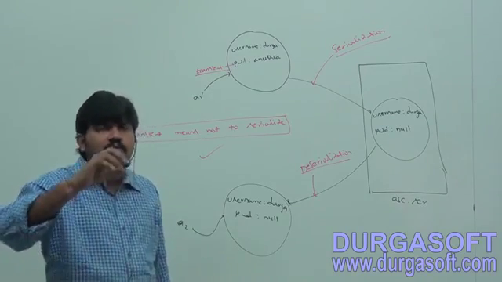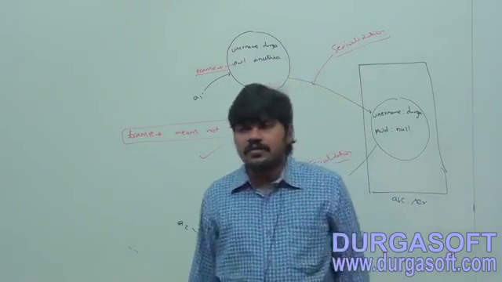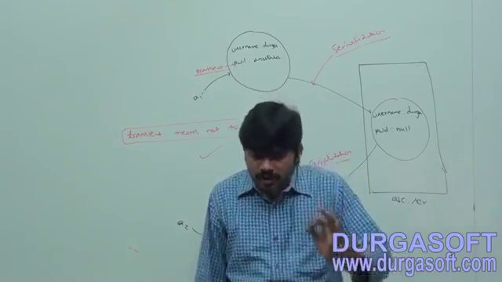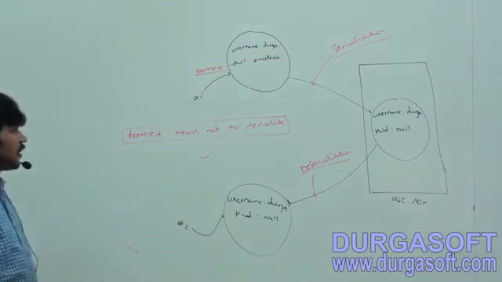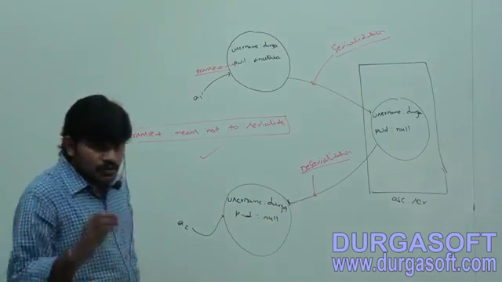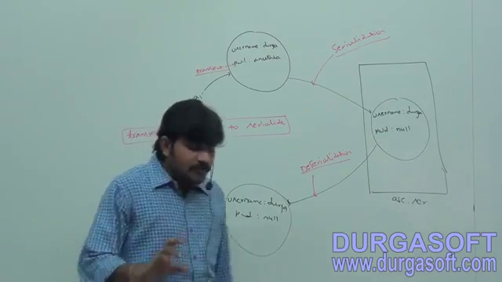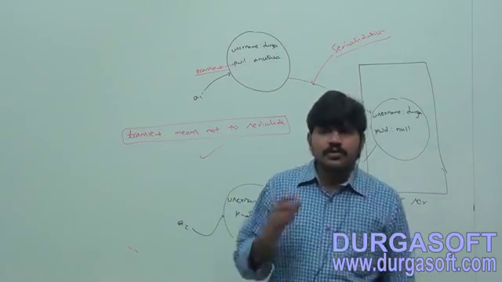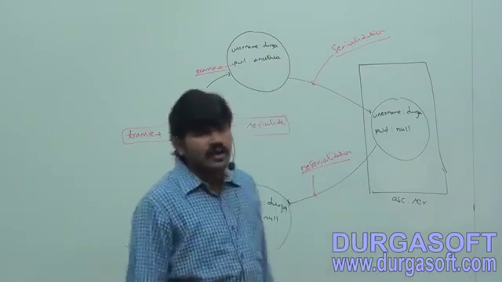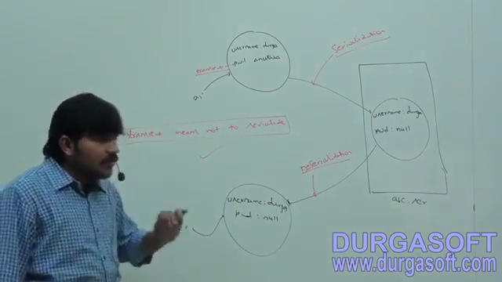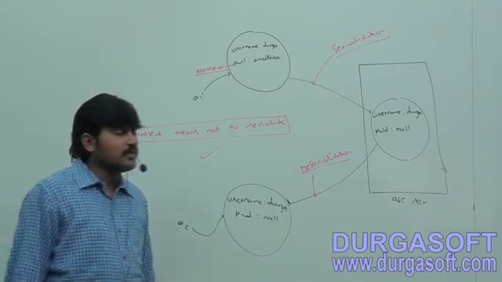Next, at the time of serialization, JVM ignores the original value of transient variables and saves the default value to the file.